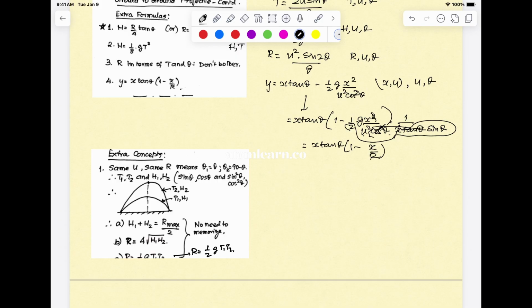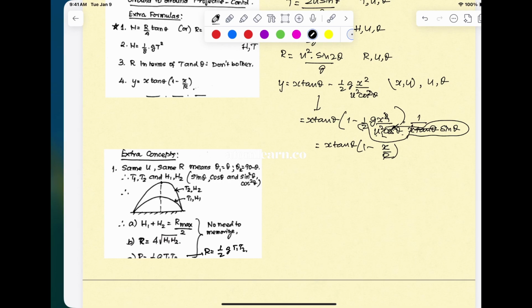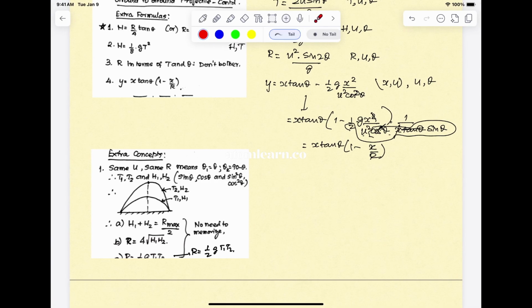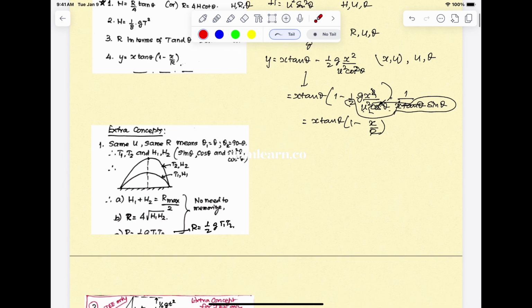The first extra concept is to do with the same range r for the same u but different theta, which we learnt. What we said was that the same range r is obtained because it involves the sin 2 theta term. Sin 2 theta has the same value for both theta as well as 90 minus theta.